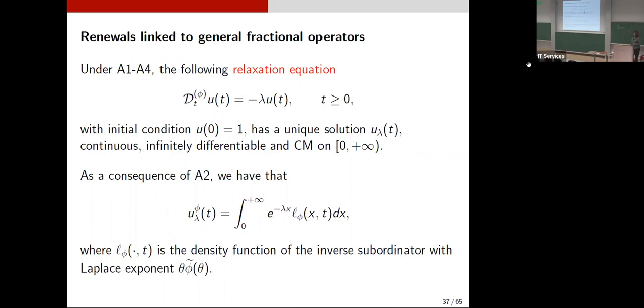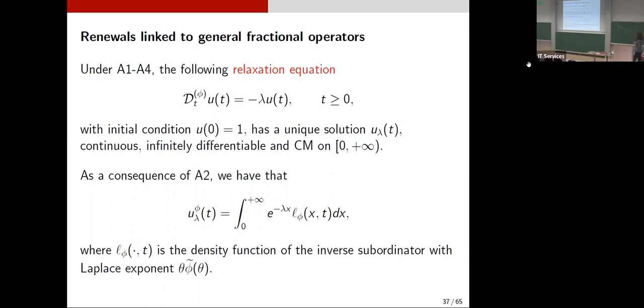So given this characteristic of the solution to be completely monotone, it is possible to write the solution itself in this way, as the Laplace transform of the density of the inverse subordinator.